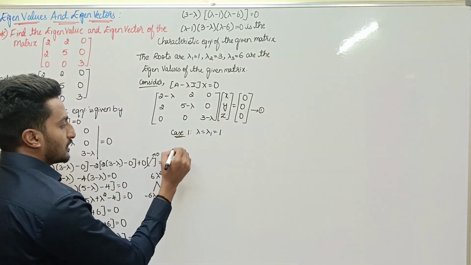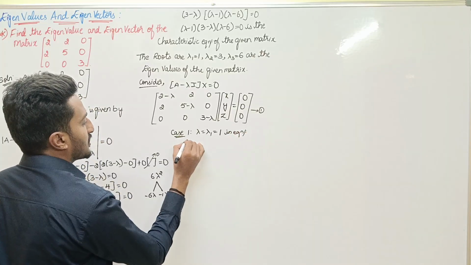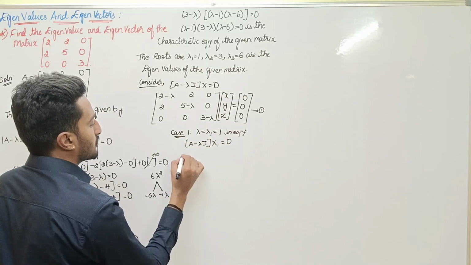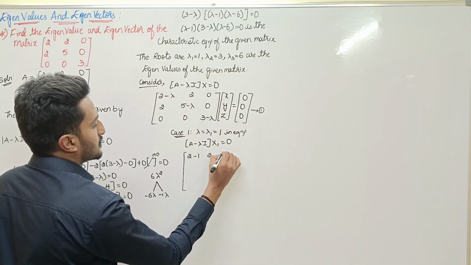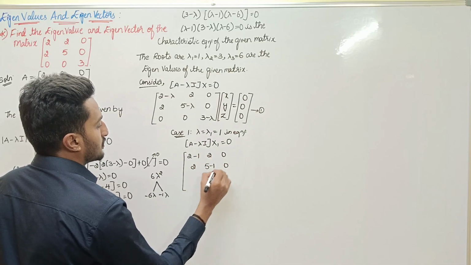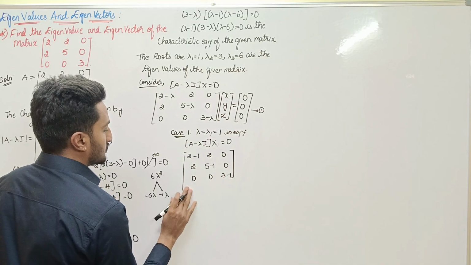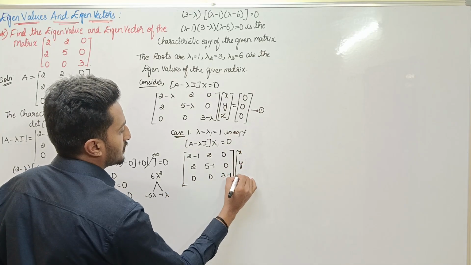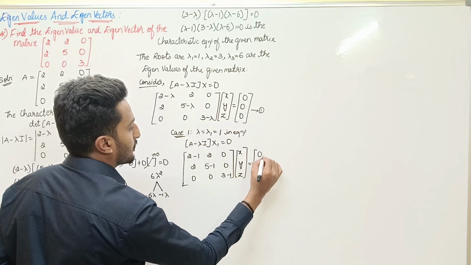If you simplify equation number 1, that is matrix (A minus lambda I) into x1 equal to 0, that is 2 minus 1, 2, 0, 2, 5 minus 1, 0, 0, 0, 3 minus 1, into x, y, z, which is equal to 0, 0, 0.